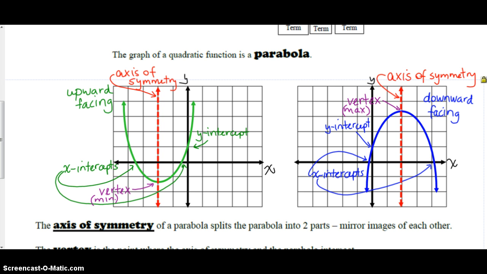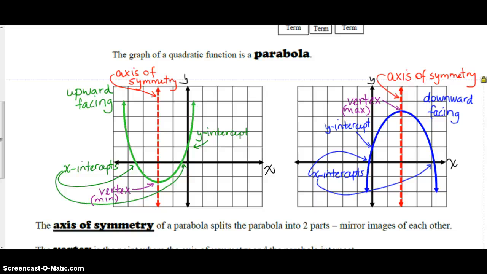In addition to the axis of symmetry and the vertex of each of the parabolas, you also see the x-intercepts and the y-intercept marked. The y-intercept is the same thing it's always been when we were talking about lines or absolute value functions. It's where we cross the y-axis.